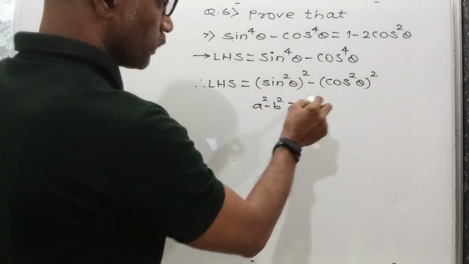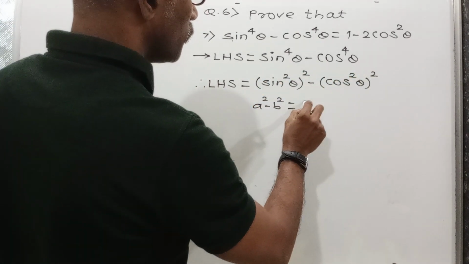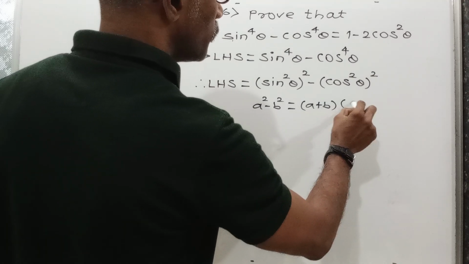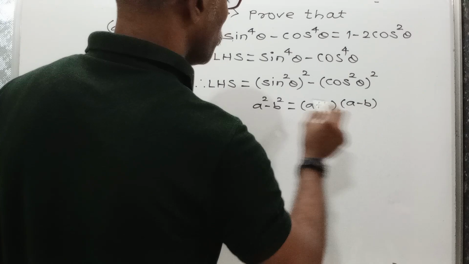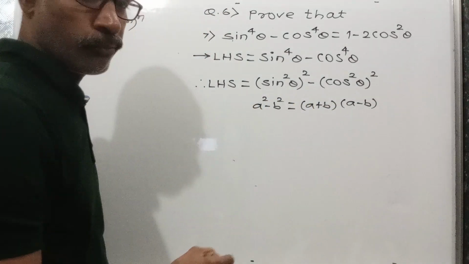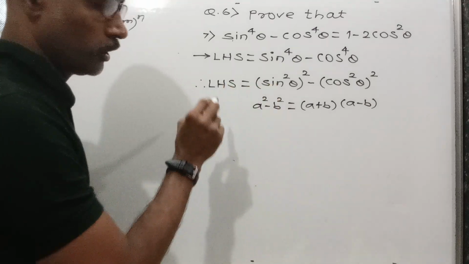So a² − b² is equal to (a + b)(a − b). This identity we apply here.